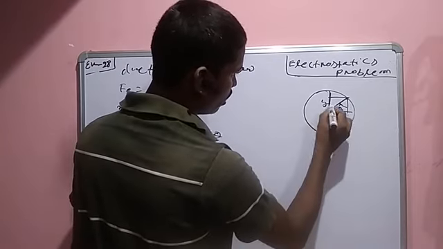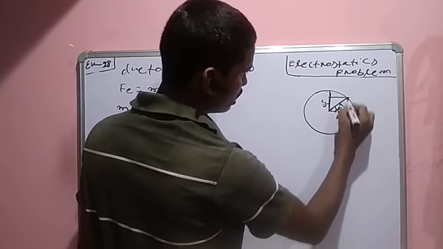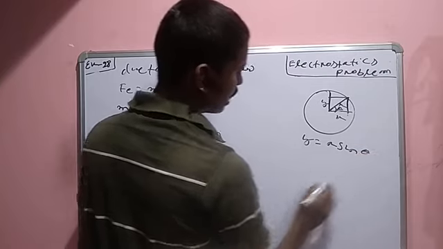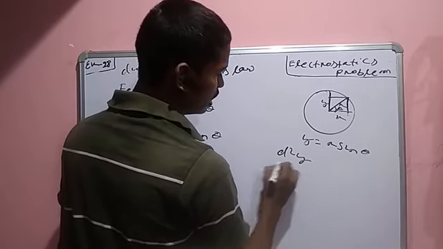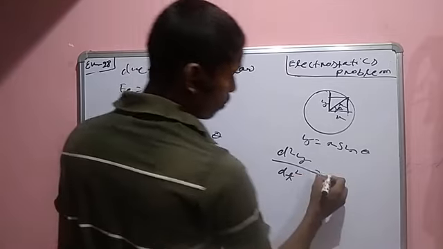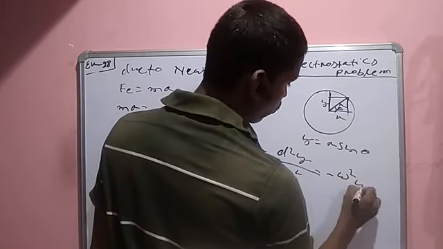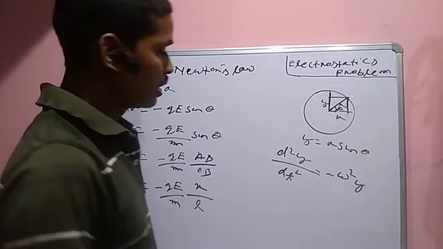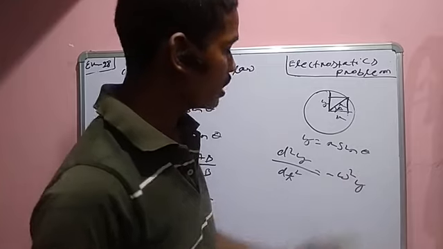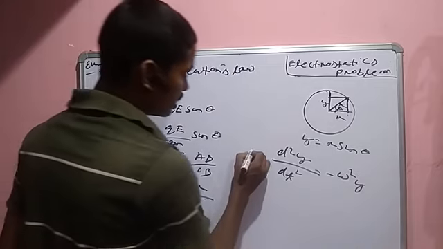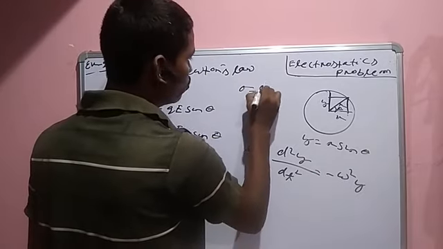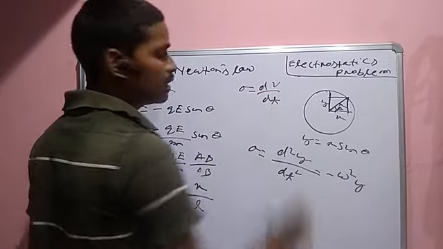We have already known Y is equal to R sin theta. But d square y by dt square is equal to minus omega square y, because this is the A. While we have already known A is equal to dv by dt.